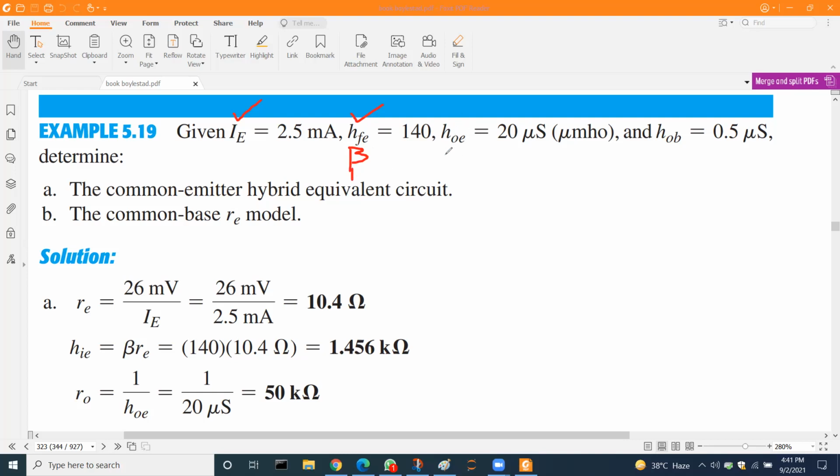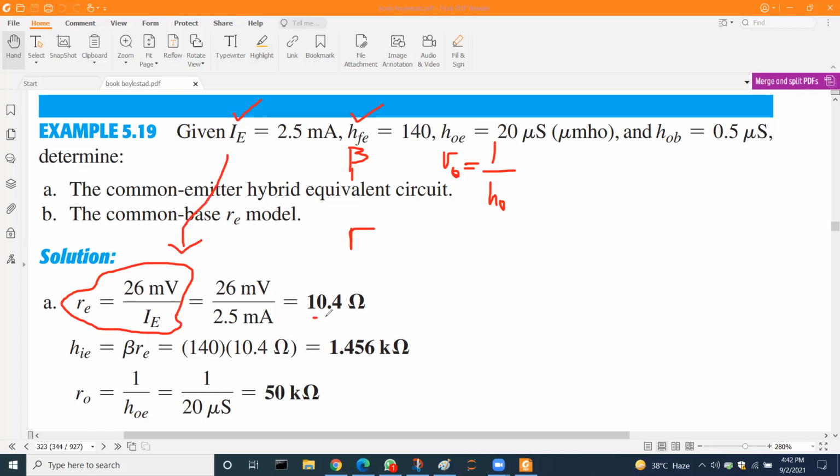HO is given, we know that R is equal to 1 over HO. The two parameters are given, and we also know the RE value. So the RE value, it is written here, is 26 millivolt divided by IE.